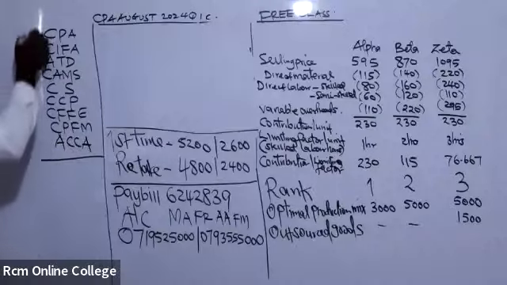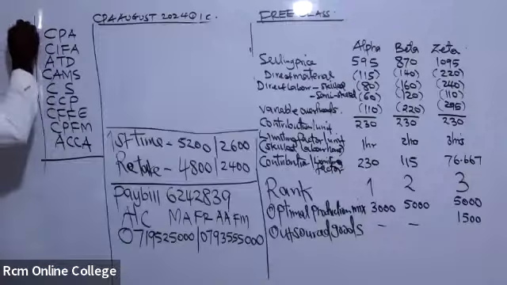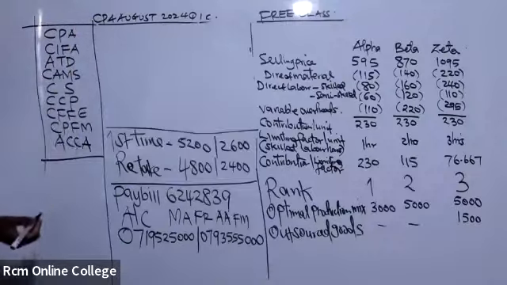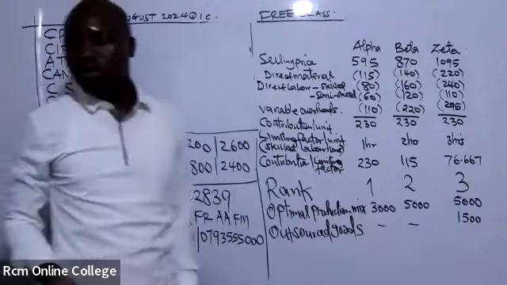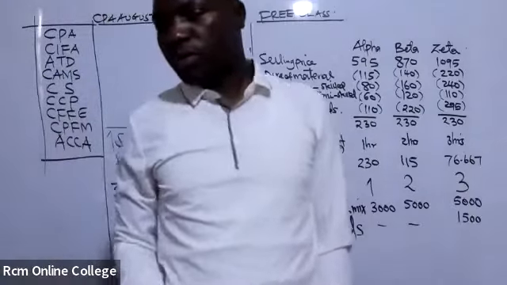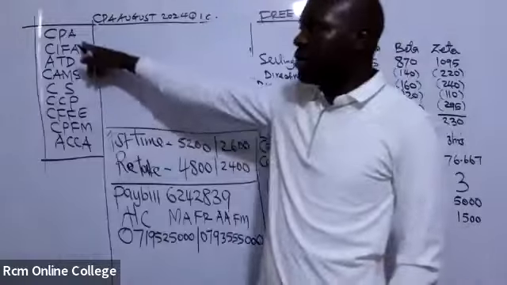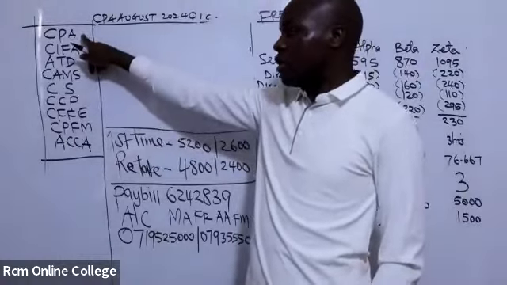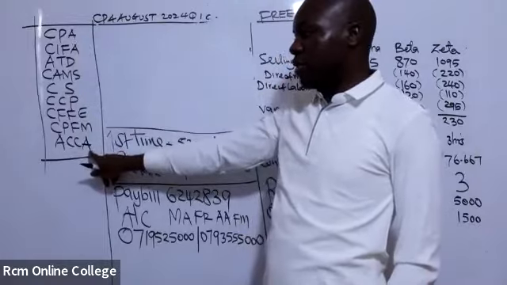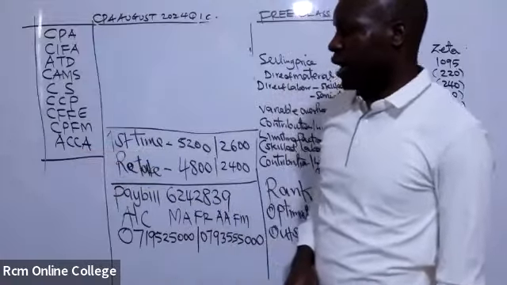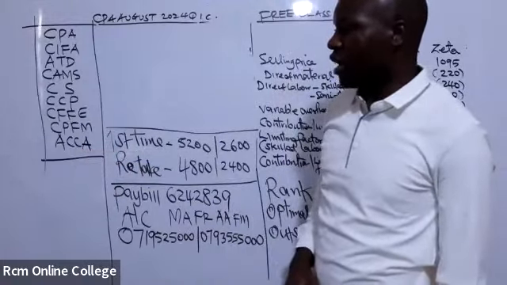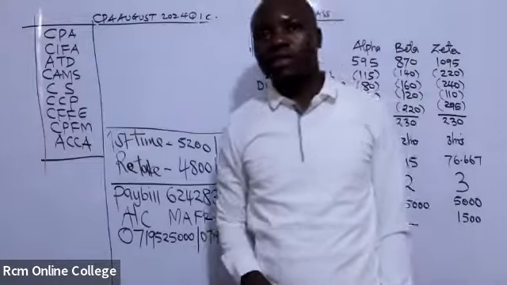RCM is that one business block where once you get in, you come out as a certified and qualified professional. You log into RCM for CPA. By the time you are leaving RCM, my friend, you are now an international accountant, right?